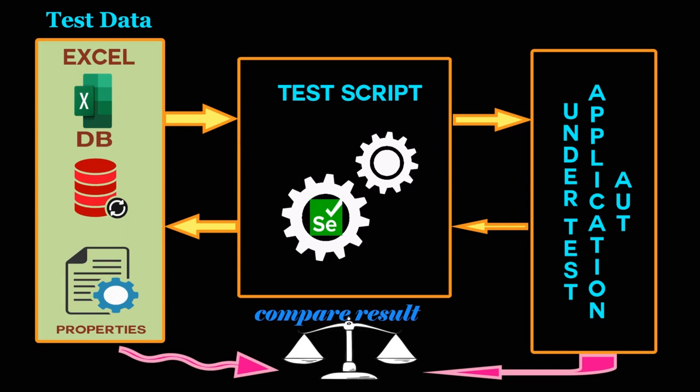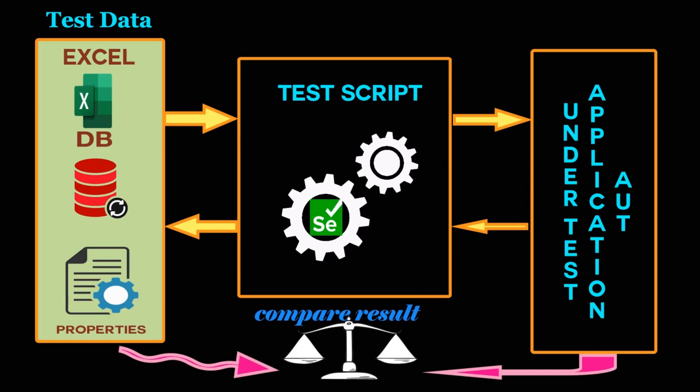From there, the data will be read by your Selenium test script. Then it will input the same in the application under test. Then you capture the result using the test script and save it back to an external file. This is one of the approaches. After that, we compare what is expected, stored in an external file, with what actually happened in the application under test.